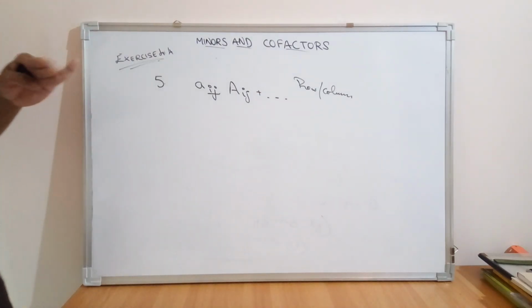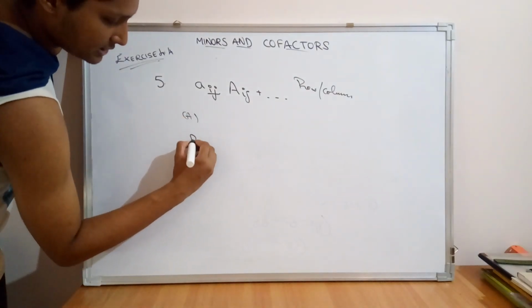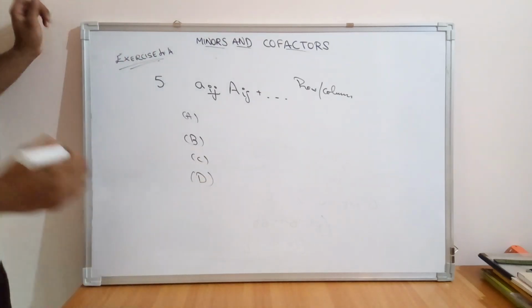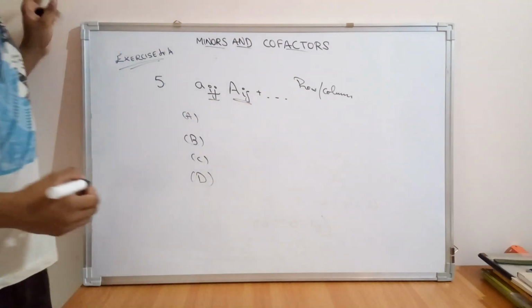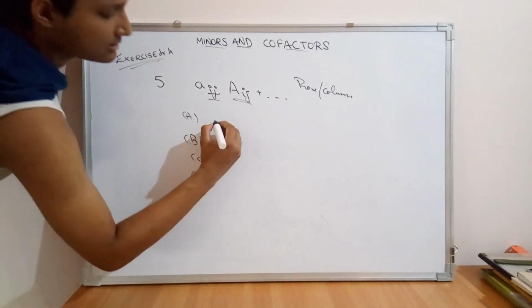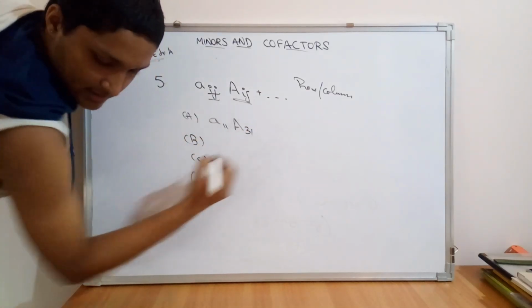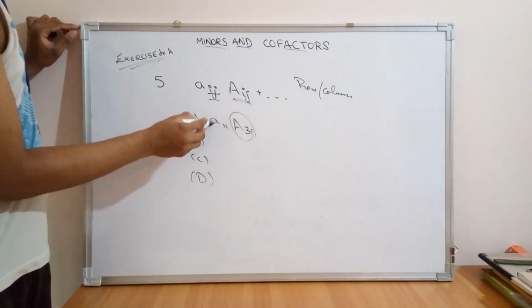Therefore, we'll just check out the first element of each option. If you check out the first element in an option, only if this and this are equal, this can be equal to the particular determinant. So we'll take only the first term, that is A11. A31 is given as the first element here. So this is not corresponding to this element.